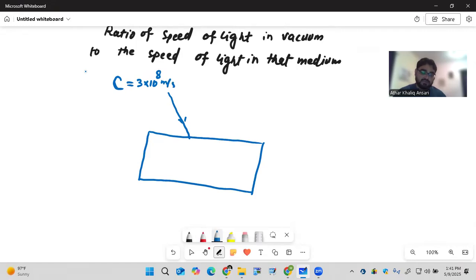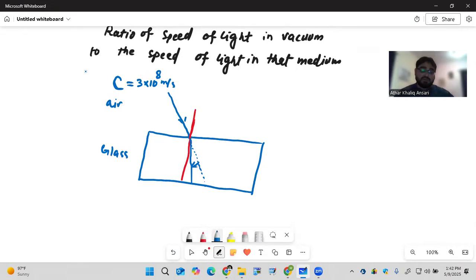When it gets into the glass from air, what happens? It should go straight, but if you draw a normal line here, you will see that this line, rather than going straight, will bend a little bit toward the normal. This happens because the speed of light reduces in the glass.